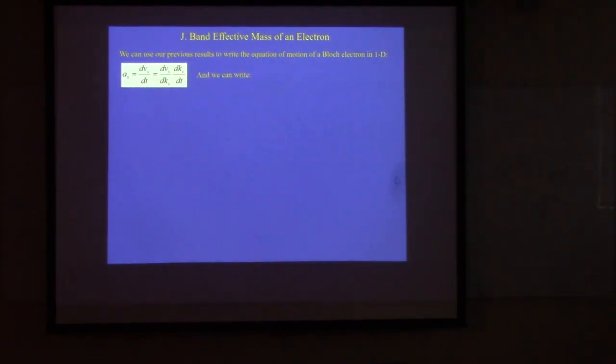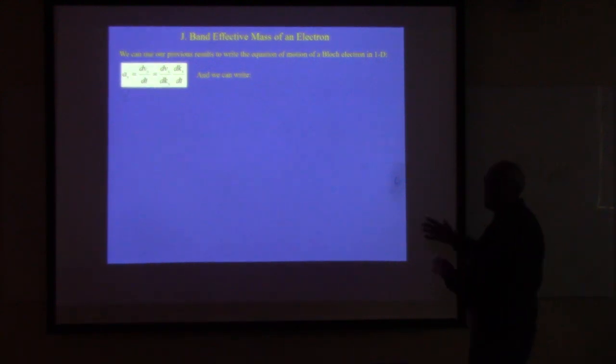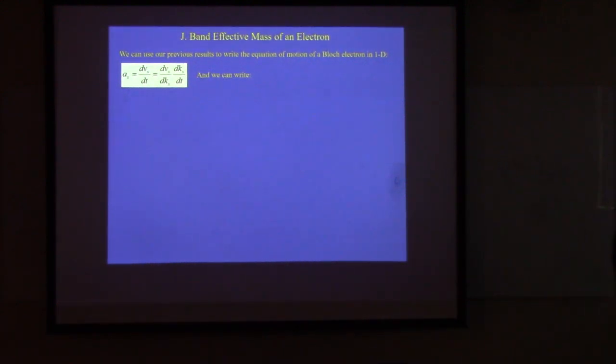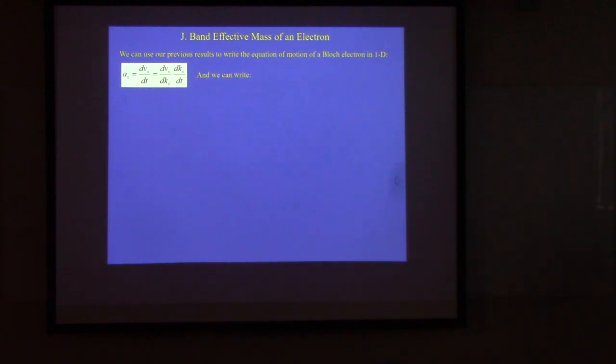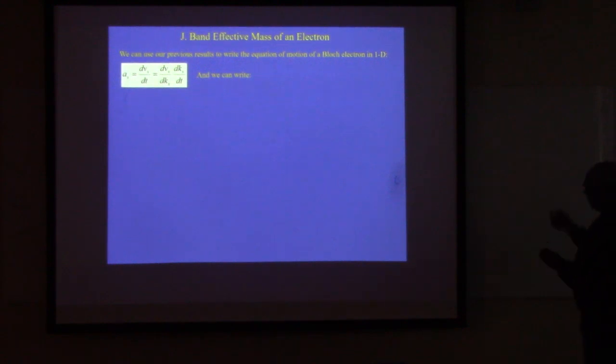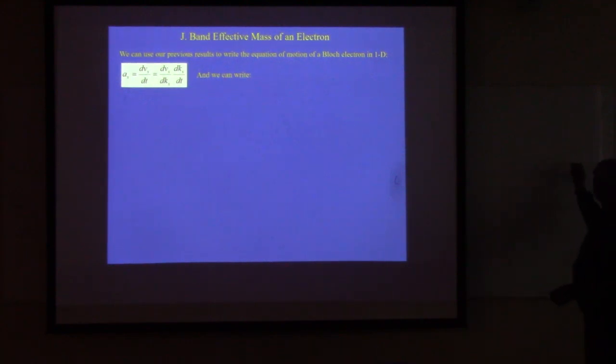Okay, so next let's quickly do something very important, called the band mass. That comes from this Bloch formalism. So typically we talk about mass here. That's the free electron mass, right? So when you talk about this, sigma is n e squared tau over m.